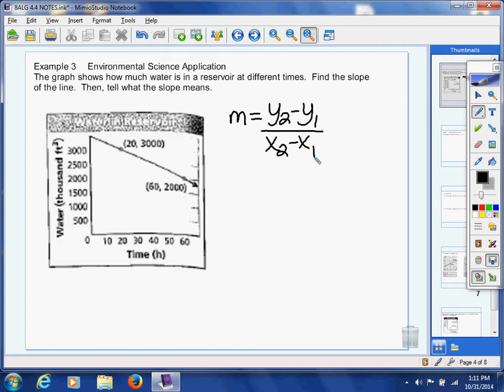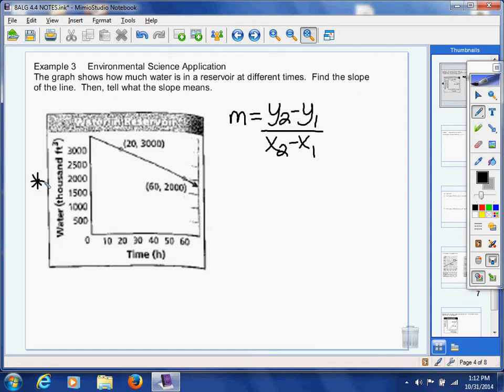Now they've given us a graph. The top graph, it's a little grainy here at the top. That's the amount of water in the reservoir, okay? So some sort of pond, lake, you know, that's holding a bunch of water in it, and we're tracking and seeing what's happening to that water level, okay? Now look at the y-axis really quick.